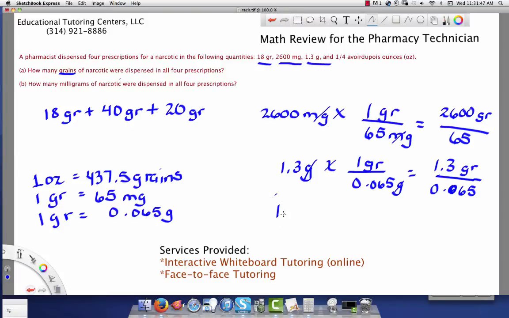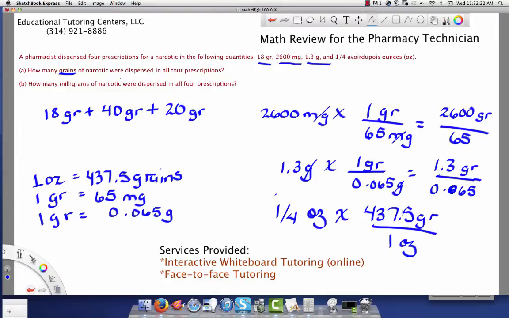Now let's do this 1/4 avoirdupois ounces. And here, where's our ounces? Here, this one. So we have 437.5 grains over 1 ounce. Now, if you notice on the other ones, we had the unit of 1 in the numerator, but here we have the larger unit.